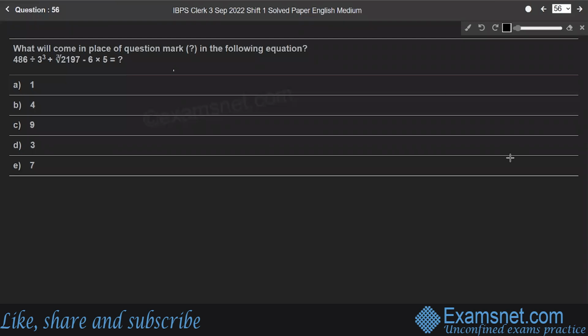Question 56. What will come in place of question mark in the following equation? 486 divided by 3 cube plus cube root of 2197 minus 6 into 5 is equal to x. Find the value of x.